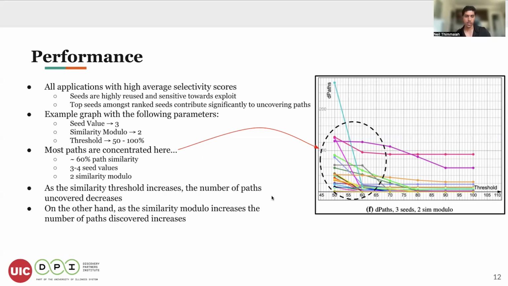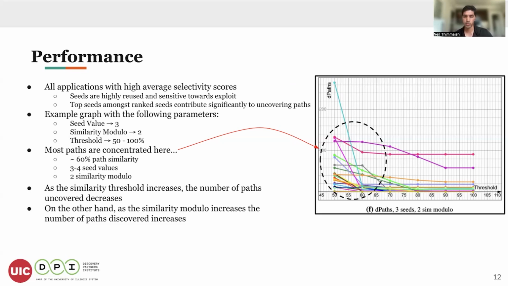So we see from the graph that as the similarity threshold increases, the number of paths uncovered decreases. Also, as the similarity modulo, which in this case is 2, increases, the number of paths would increase as well, because if we're trying to find exactly similar paths, an increase in similarity would try to match the instruction nodes themselves for every node. That would increase the number of paths found.